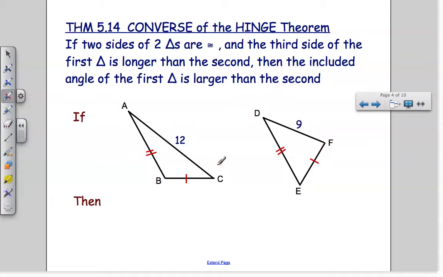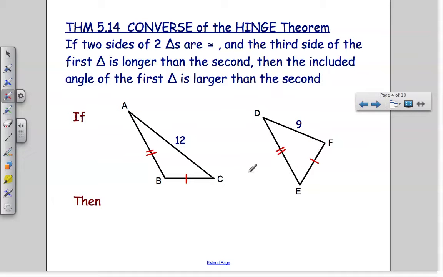We have the side of 12 as the non-congruent side, and a side of 9, which is the non-congruent side here. Then I would reference the angles and look at the included angle of the first triangle, this angle B, which is between the two congruent sides, opposite from that side of 12, would have to be a larger angle than angle E, the angle opposite from that shorter side.